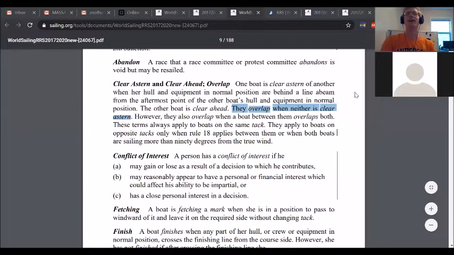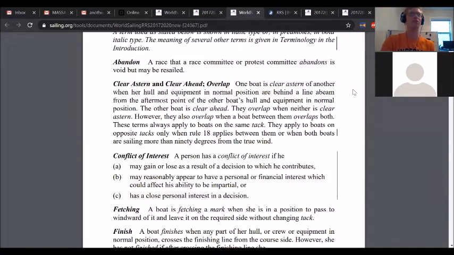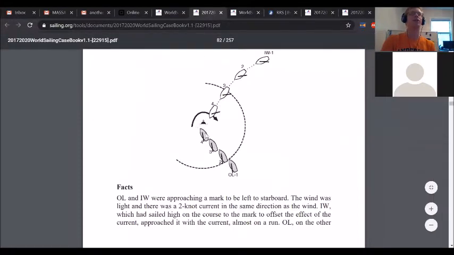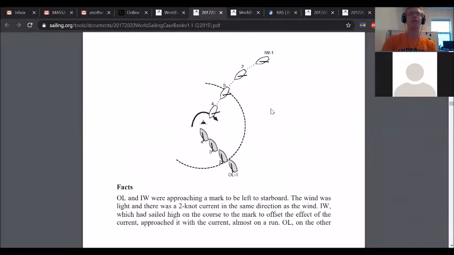And again, on the surface, it doesn't seem like that's a super important distinction. But if we go back to our case that we're looking at, under our previous understanding of overlap, we would have drawn a line right across the stern of this white boat and said, well, the gray boat never crosses it. Or we might have drawn a line across the gray boat and the white boat never crosses it.